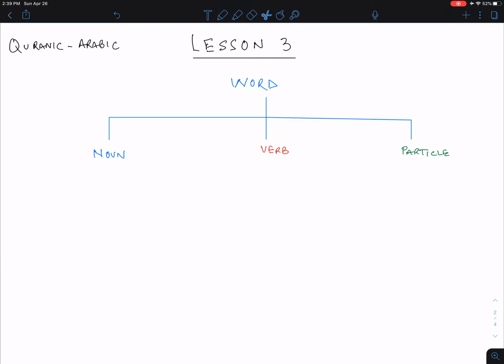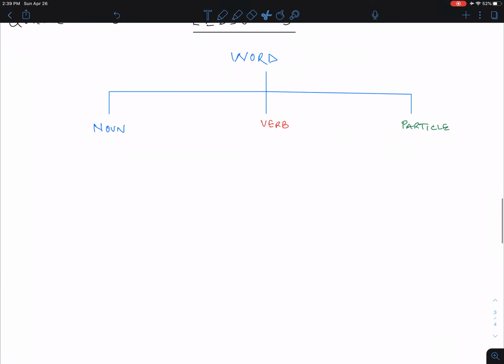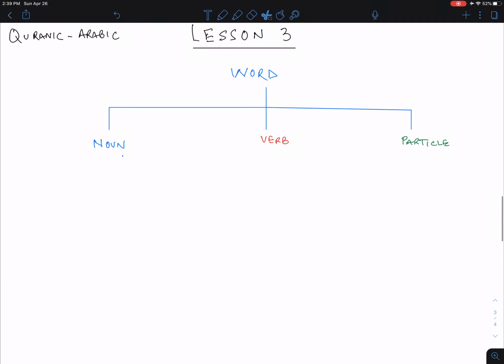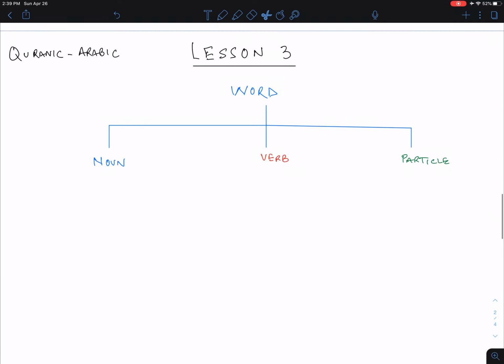As we said, we're going to look at the noun. There are various properties of a noun, and we're going to pick up the first property, which is going to be definite and indefinite.